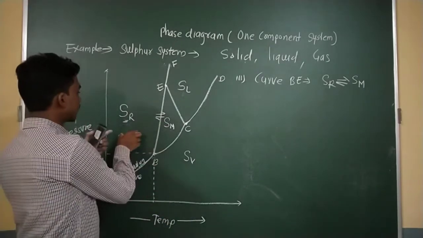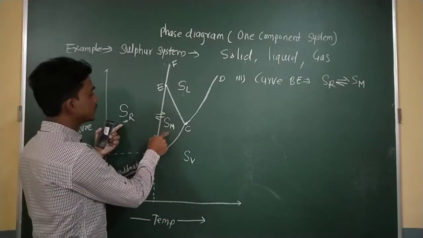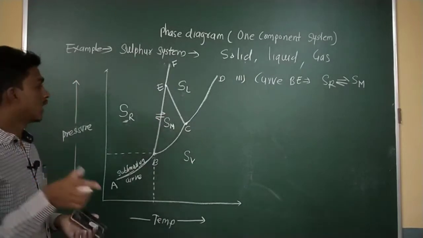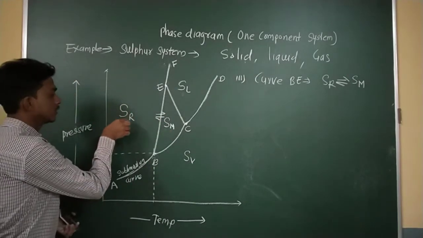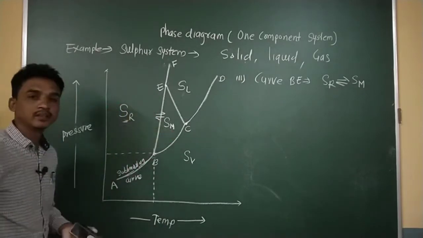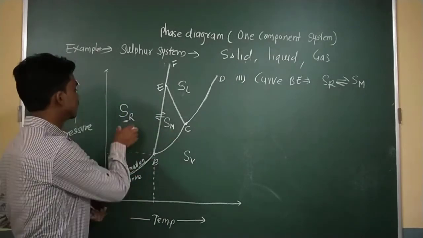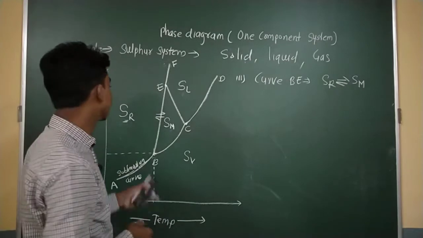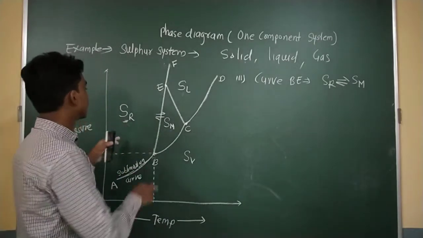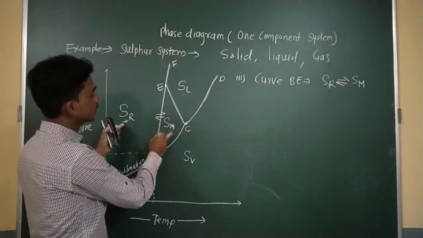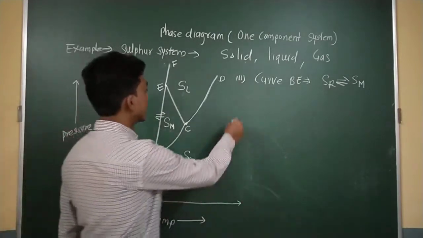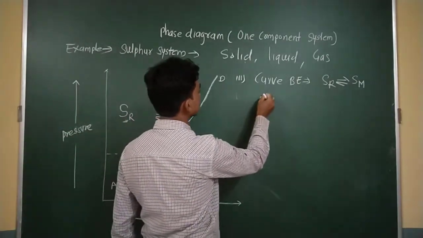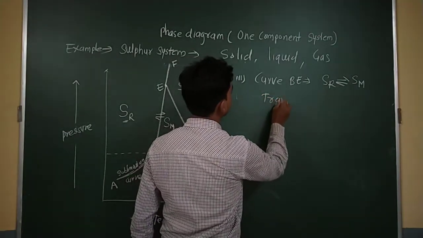This is also a solid form, and this is also a solid form, but the arrangement of the crystals is different between rhombic and monoclinic. Different solids have different crystal structures. So the rhombic form gets converted into the monoclinic form. That curve is also known as a transition curve.